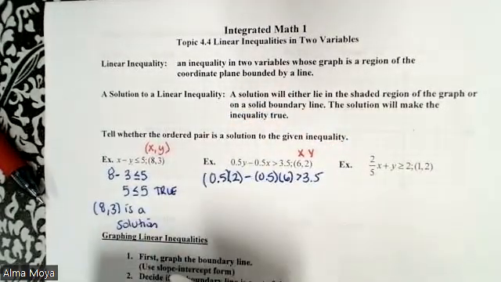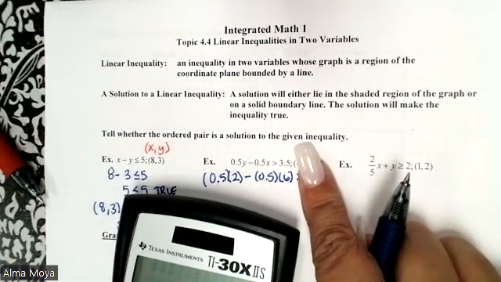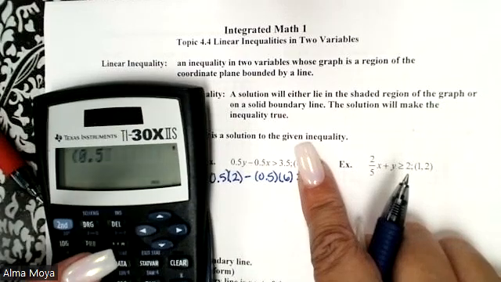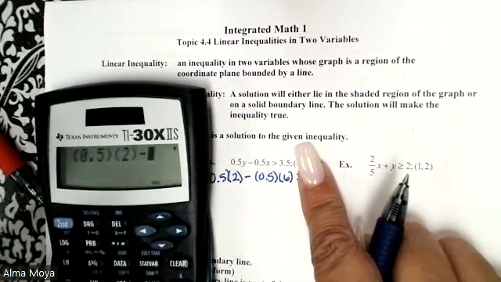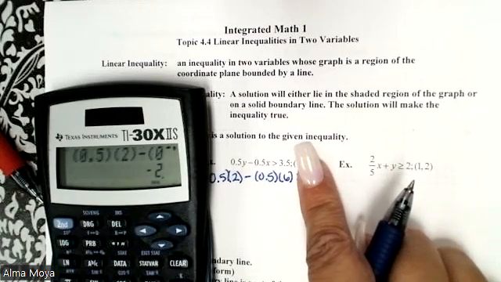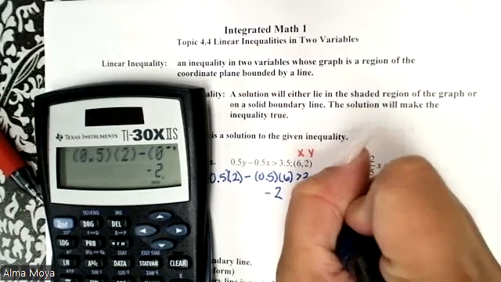I'm going to use my calculator, and I'm going to type exactly the way it is. So I have 0.5 times 2 minus 0.5 times 6. So that equals -2. So this right here is going to be -2 is greater than 3.5.